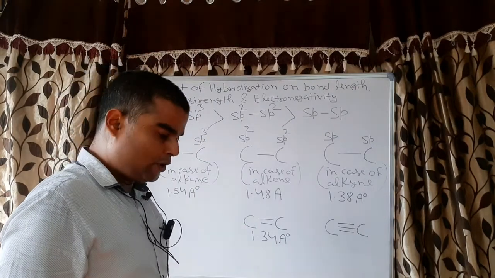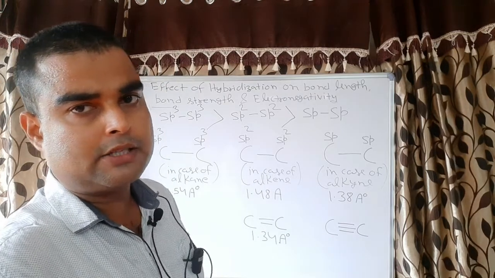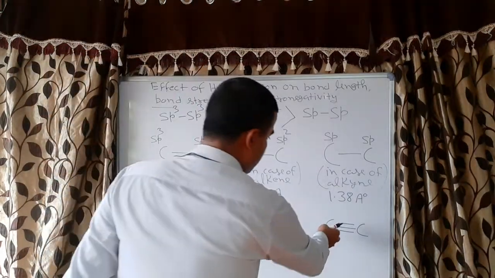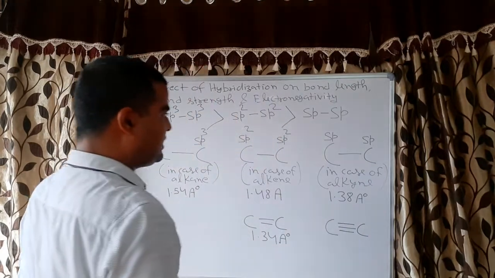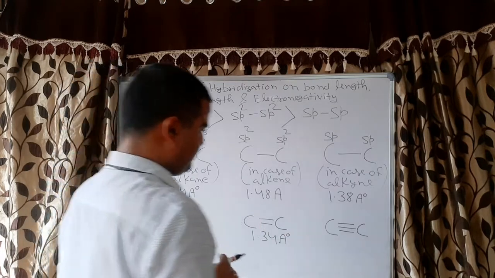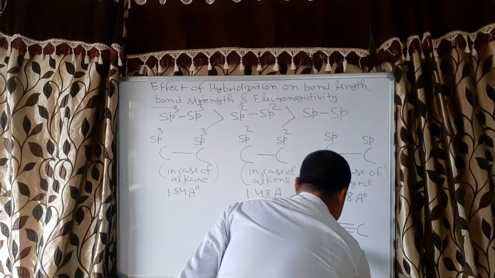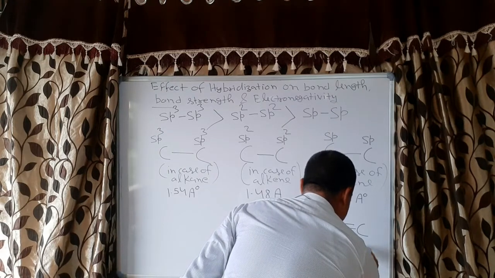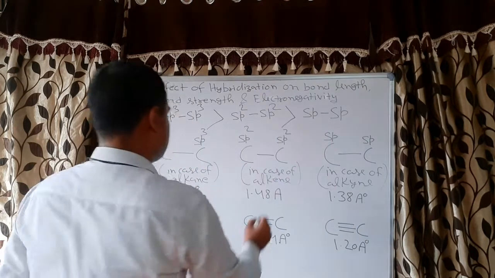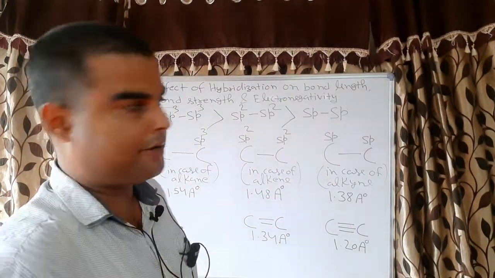Now as I told you, when there is formation of 1 pi bond, it brings 2 carbon atoms closer to each other. Since here it is 2 pi bonds, it will bring both carbon atoms even closer. So it will be further less than this, 1.20 angstrom. Correct?